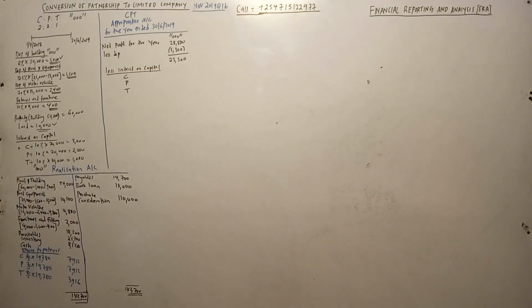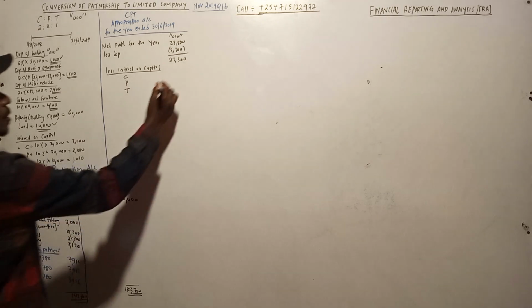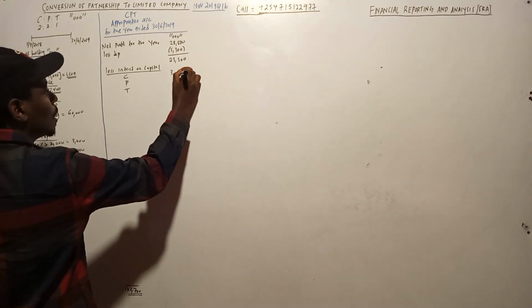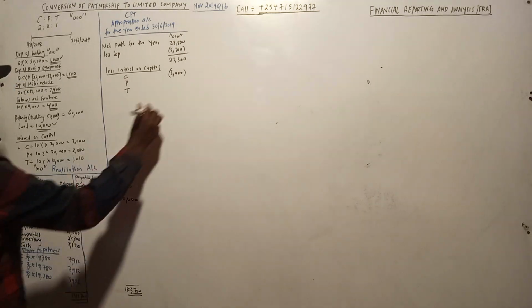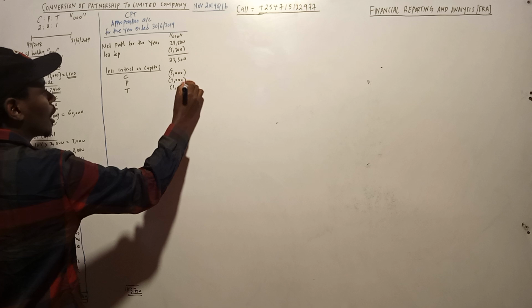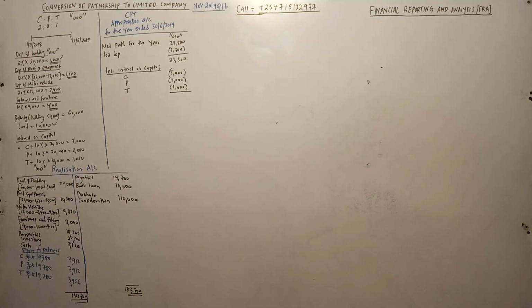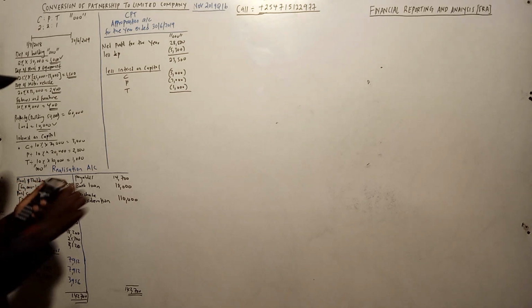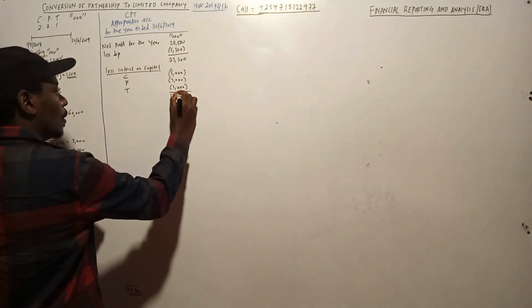So we have it here: 3,000, 2,000, and 1,000. There were no drawings or any other account in that case. So 23,500 minus 3,000 minus 2,000 minus 1,000 gives 17,500.